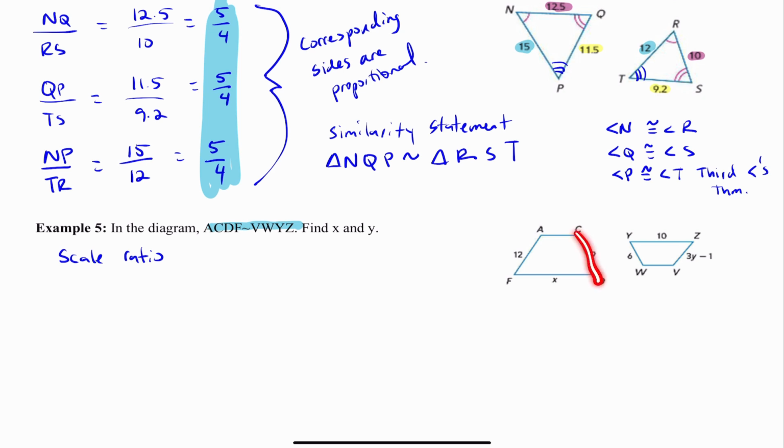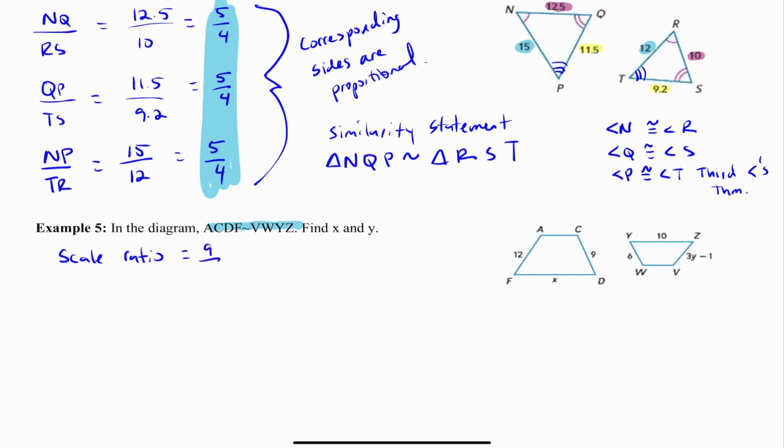So let's look at CD here. CD is between A and F, the first and the last. So I need to look at the two letters that's between the first and the last for this statement. So that's WY, okay? So I can see that CD in WY, so WY is over here. Look at that, we have two numbers, no variables involved, so I can go ahead and write a scale ratio from CD to WY.